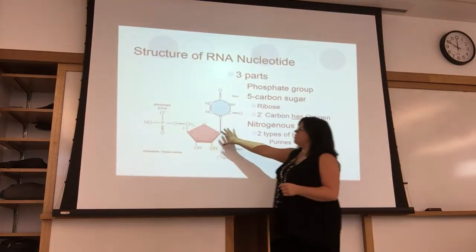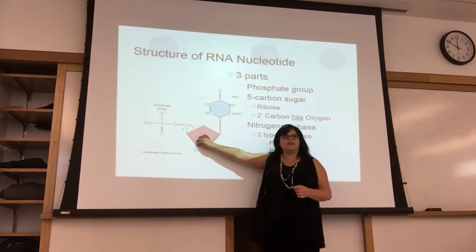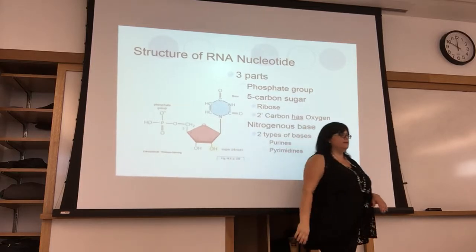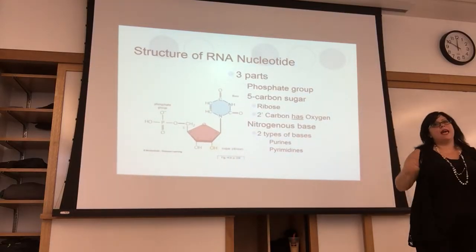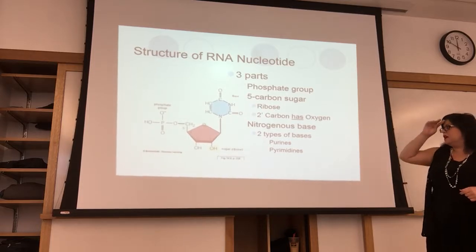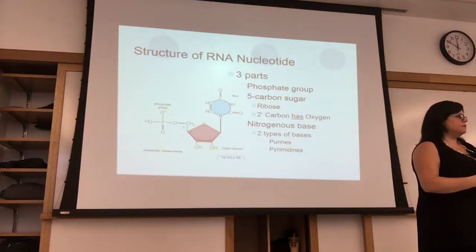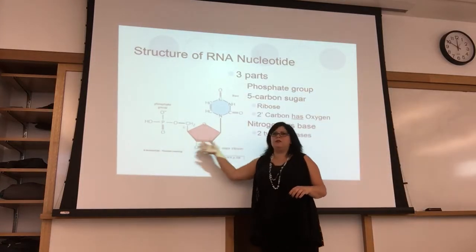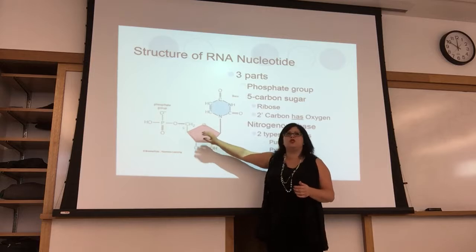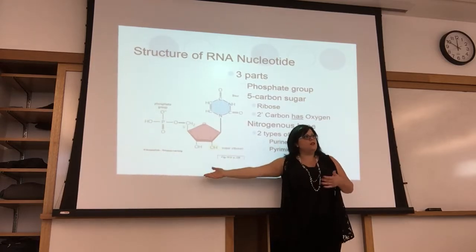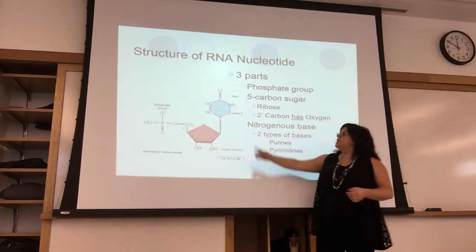This monosaccharide is not deoxyribose. It's called ribose. So ribose has an oxygen at the 2nd carbon. Deoxyribose does not. And you can tell just from looking at the nucleotide, specifically looking at the sugar, that this is ribose and this is a nucleotide of RNA.